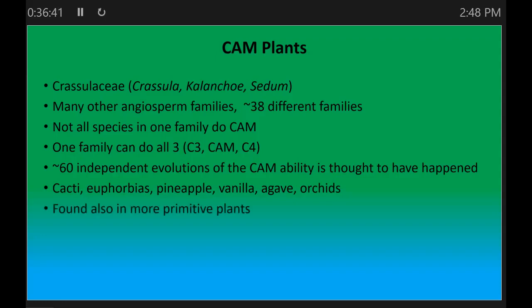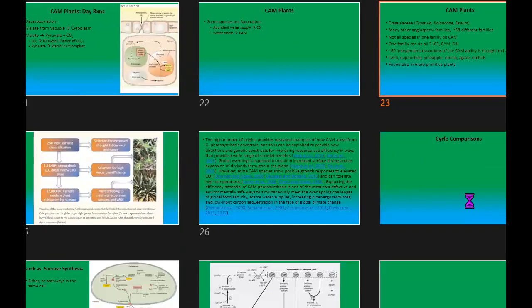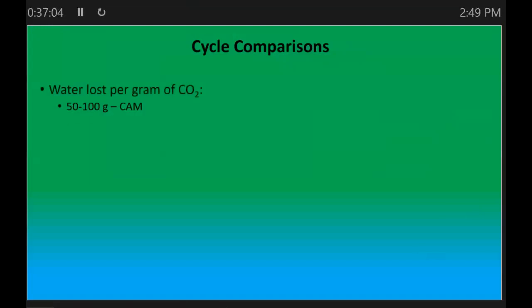You can also find CAM showing up in more primitive plants, more primitive than the angiosperms, and even more primitive than the gymnosperms. So the first thing to evolve was the C3 cycle.